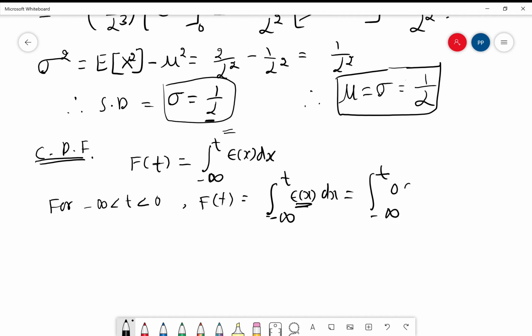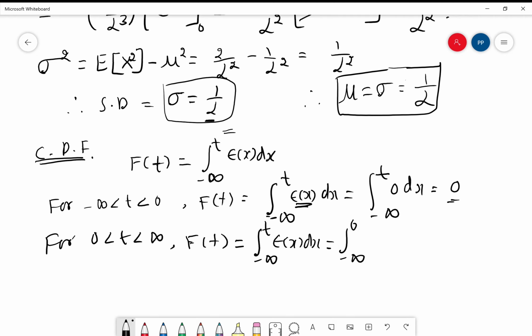Now for the positive interval, that is 0 less than t less than infinity, F of t equals the integral from minus infinity to t of f of x dx, which you have to split into two integrals, namely minus infinity to 0, 0 there, plus 0 to t.